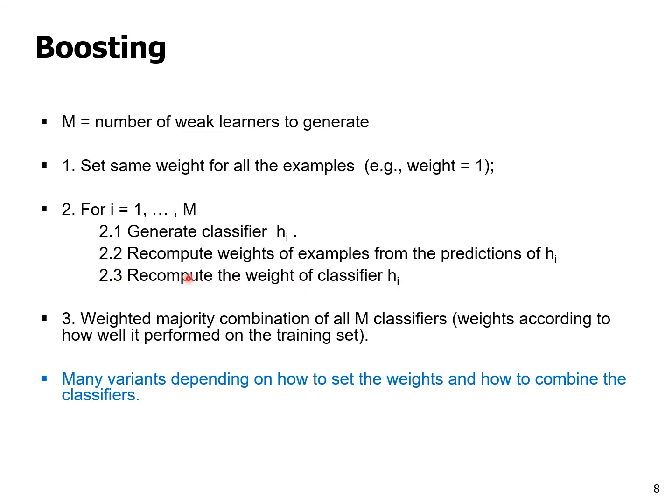So depending on the way we compute the weight values of data or the weight values of classifiers, there are many variations of boosting method. And in the next slide, we're going to learn one of the most famous boosting methods, which is called AdaBoost.